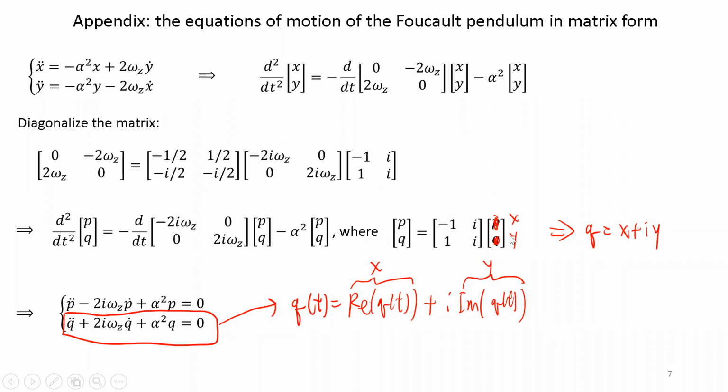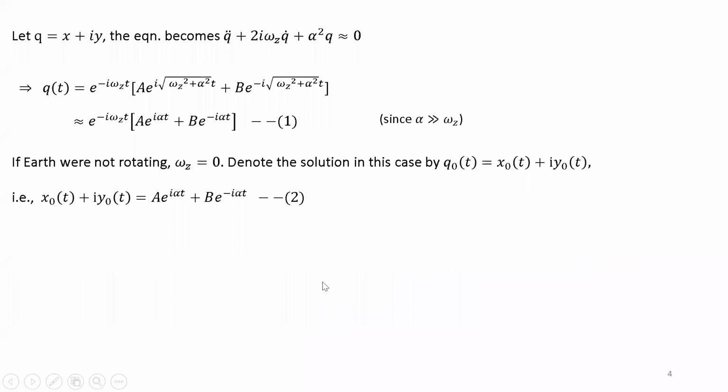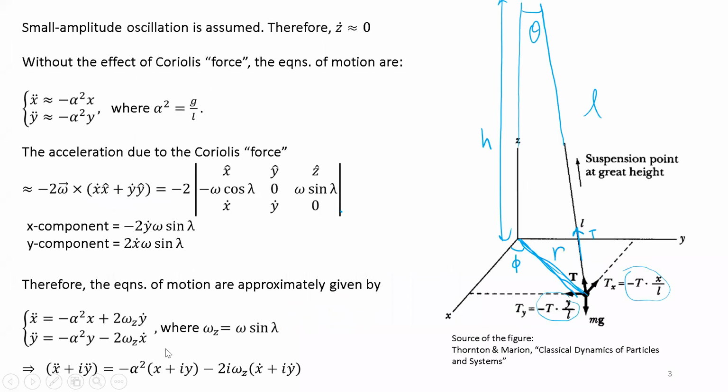So just remember this, Q equals X plus iY. If you go back to what I have here, this is exactly what I'm doing: multiplying the second equation by i, and then adding it to the first equation.